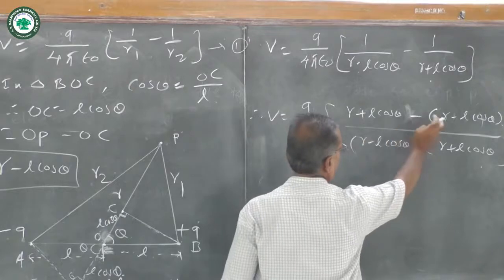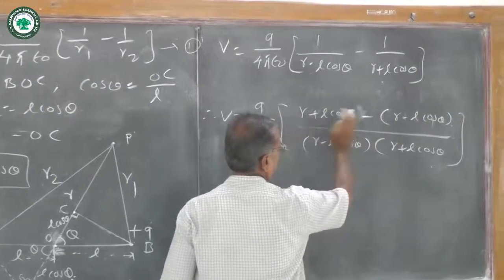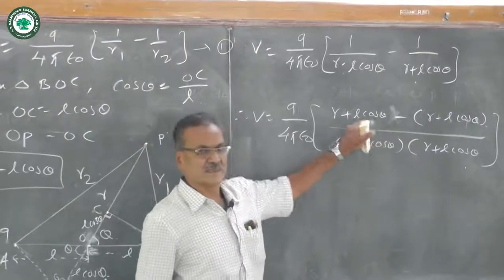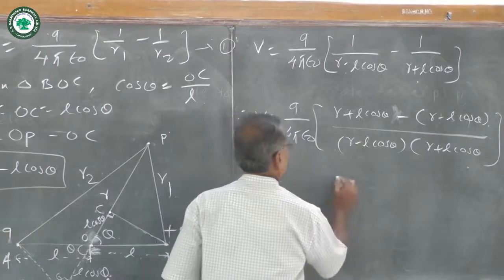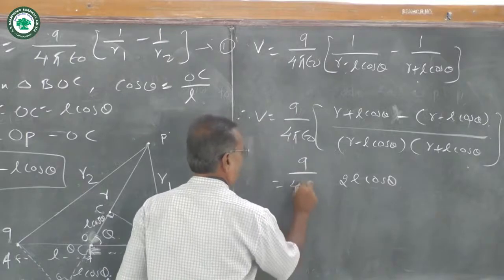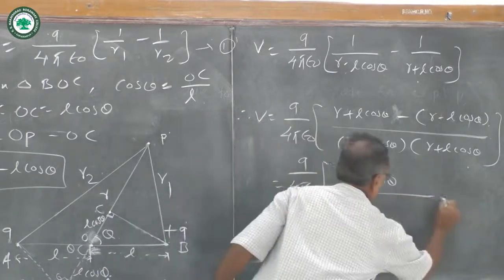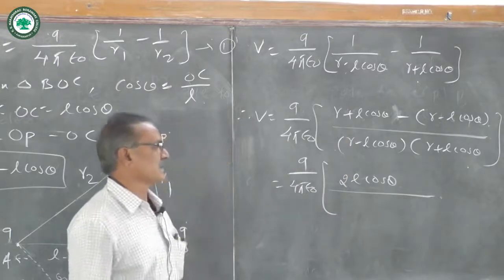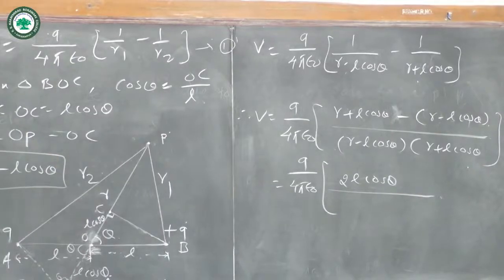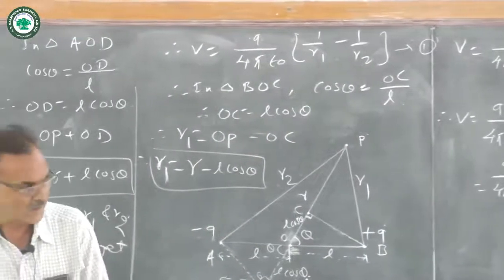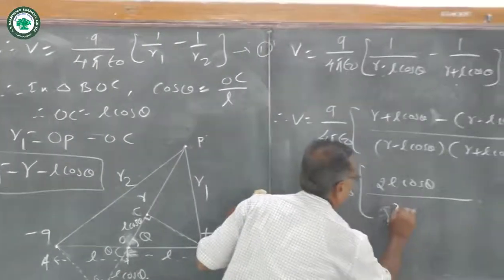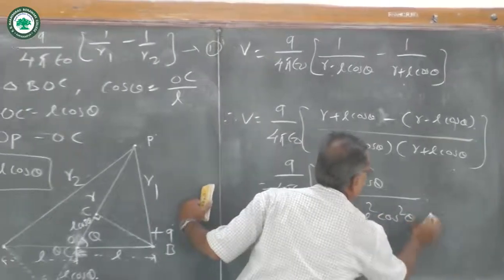Here minus R plus R will get cancelled, minus minus becomes plus, L cos theta plus L cos theta, it is twice L cos theta. The constant Q upon 4 pi epsilon naught is divided by R minus L cos theta, second bracket R plus L cos theta. We can write this as R square minus L square cos square theta.